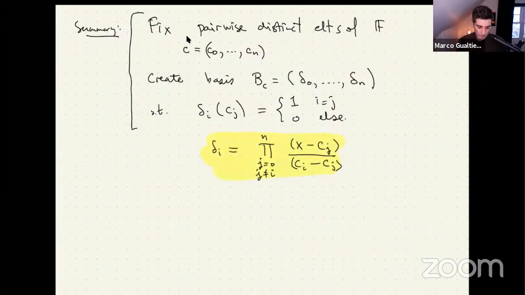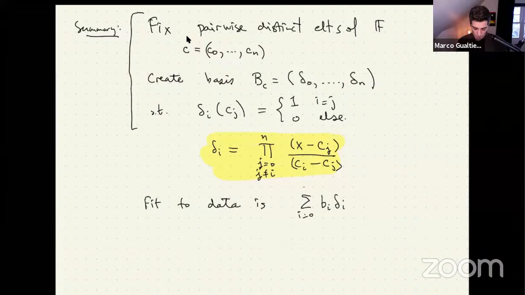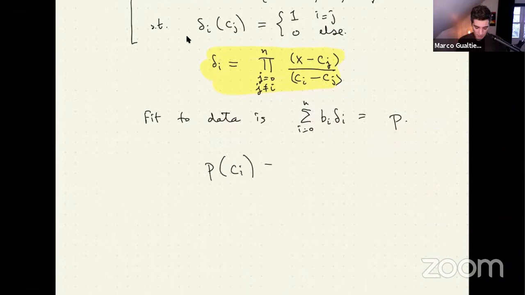And then the solution, the fit to data, is just the sum of bi delta i, so that P of Ci is equal to bi.